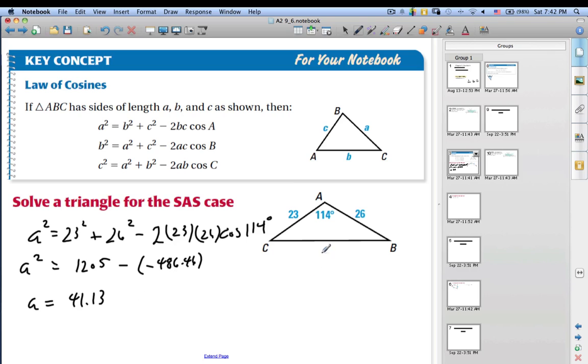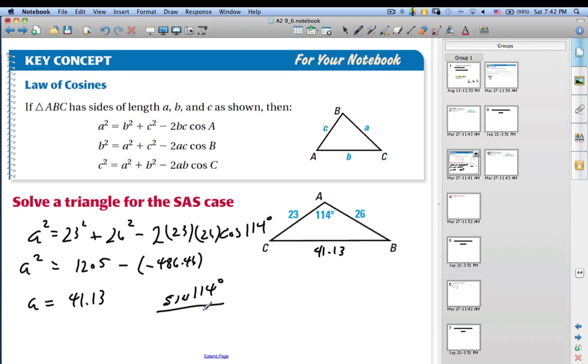Okay, now that I have this length of a side, now I can use the law of sines to finish finding the other things I need. So I now have a pair. I'm actually going to be solving for an angle, so I want to have the sine of an angle in the numerator.